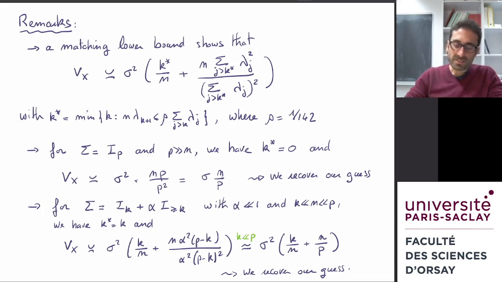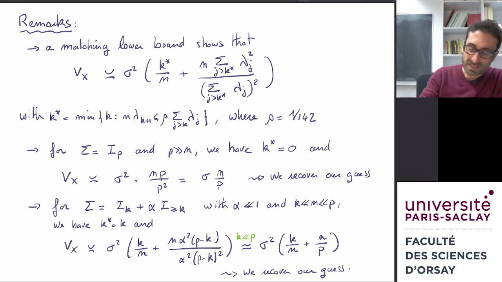So maybe it is interesting to try to see if we can recover the non-rigorous computations that we have done in the last video. So we have been considering two cases, the isotropic case and the spike model. So let us first look at the isotropic case, when sigma is equal to the identity. So if sigma is equal to identity and p is large compared to n, well, you will have here, this is equal to 1, this is equal to 1.